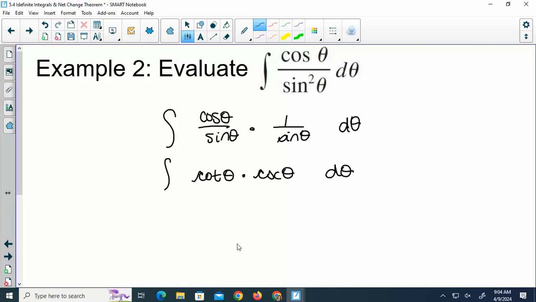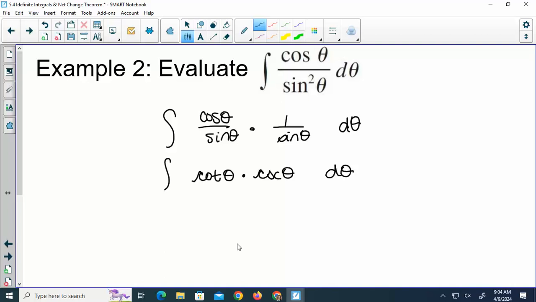Okay, I still have things being multiplied, so it's not altogether better. However, do we know anything that has a derivative of cosecant cotangent? Cotangent. What is the derivative? The derivative of cotangent is negative cosecant cotangent. Remember, all the cos had a negative derivative.